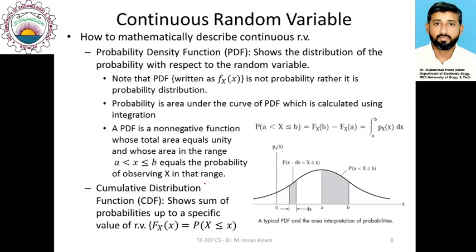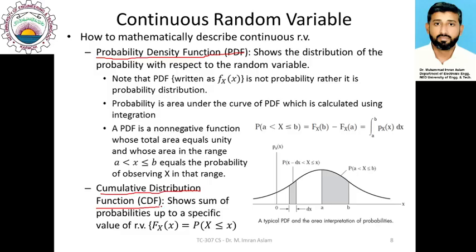Now let us start discussing the continuous random variable. As I mentioned, in the case of a discrete random variable, there are two commonly used descriptions of a random variable, PMF or CDF. Similarly, for a continuous random variable, we have two common representations. One is the probability density function, and the second is the cumulative distribution function.